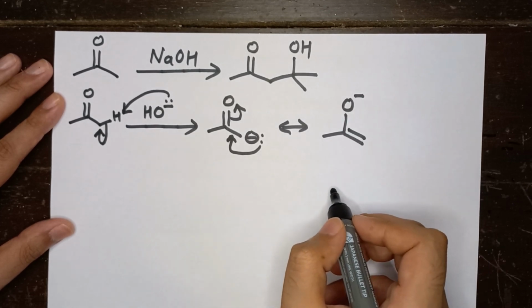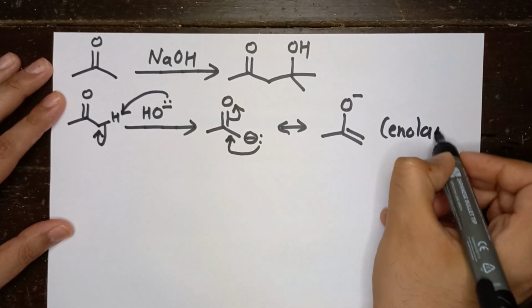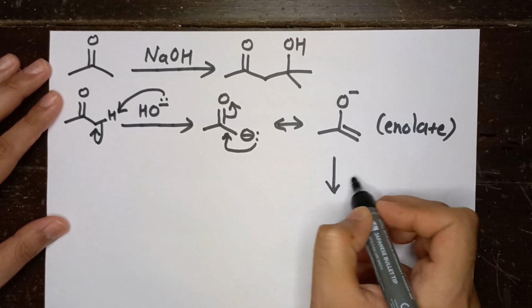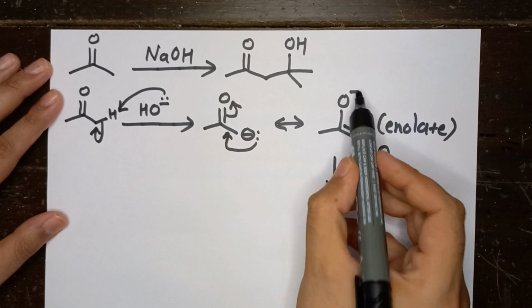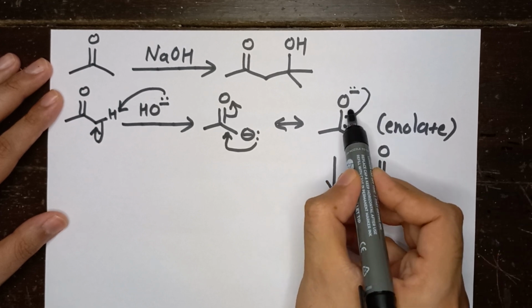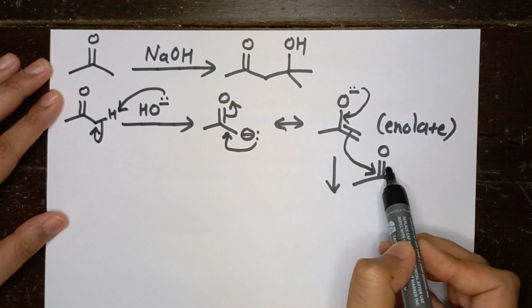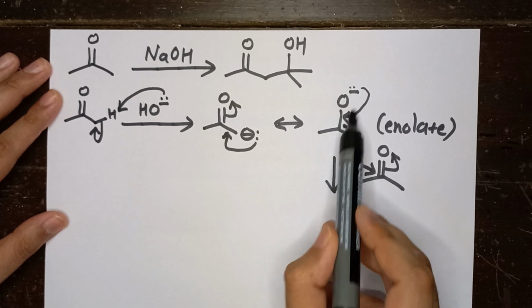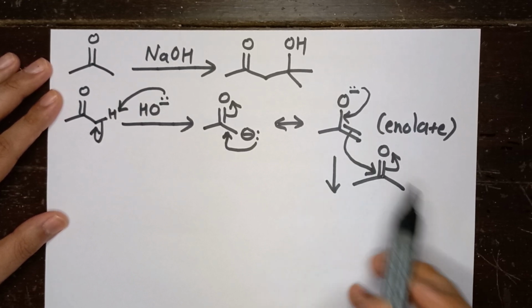So we now have an enolate as a reactive intermediate. Now at this point, another acetone molecule will come. This oxygen will form a double bond here. This double bond will attack at this carbonyl carbon and this bond is going to break. So simply we are regenerating our carbonyl system and connecting this carbon with this carbon.